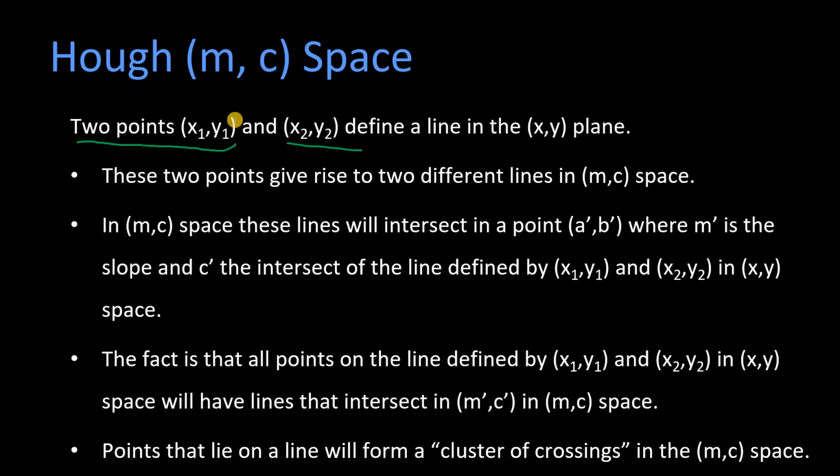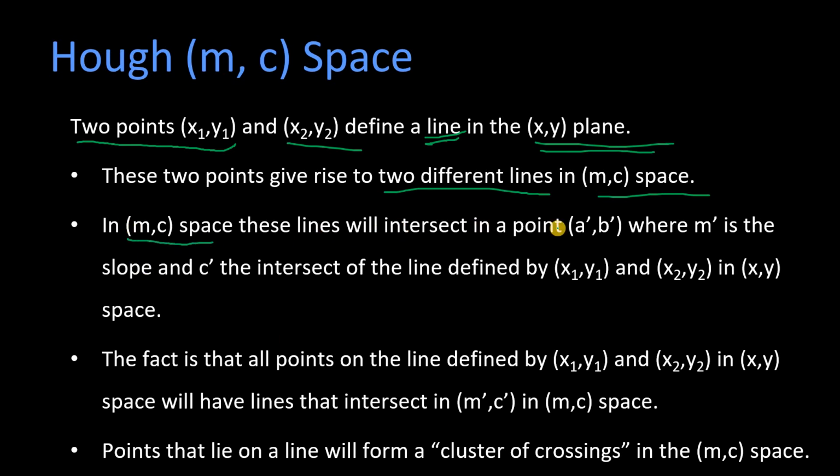Okay, so you have 2 points. Those 2 points can be used to create a line in the simple xy plane. We are not talking about Hough space for now. And these 2 points can give rise to 2 different lines in the MC space, or the Hough space.